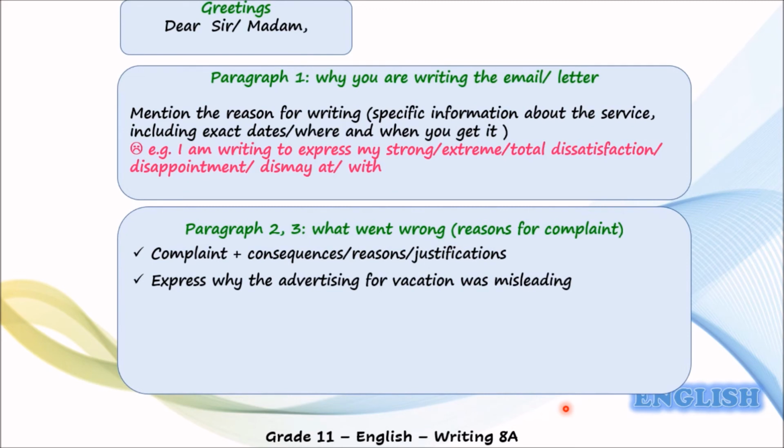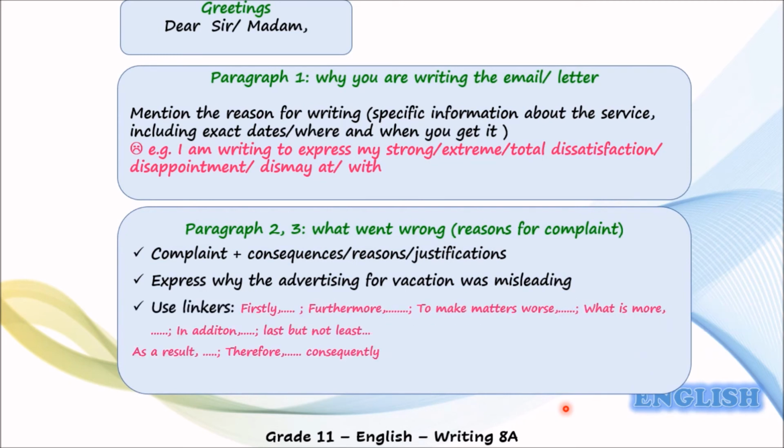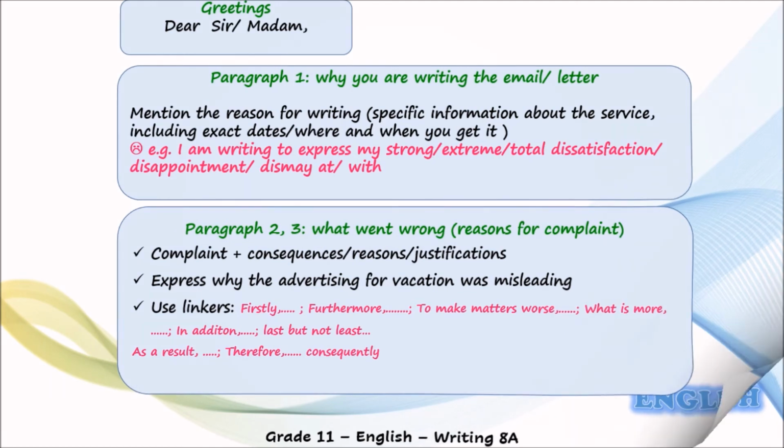Then express why the advertising for the vacation was misleading. You were promised something and then when you went there, you found out something else, totally different. Then use linkers: firstly, furthermore, to make matters worse, what is more, in addition, last but not least, as a result, therefore, consequently.